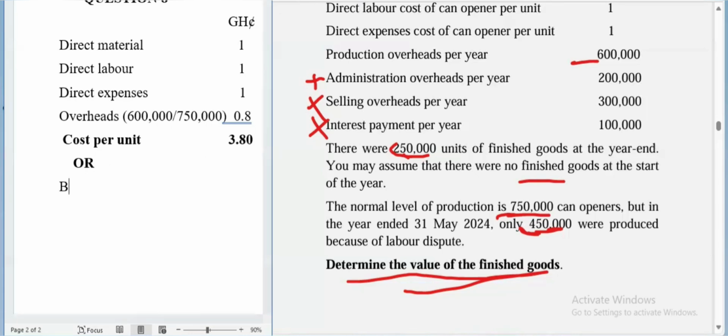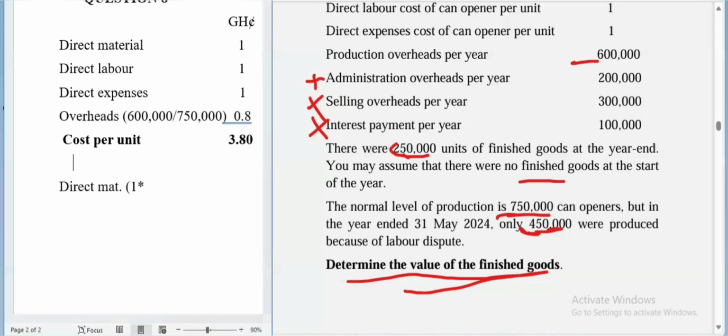In that case, your direct material will be 1 cedi multiplied by the number of units left at the end of the year, 250.